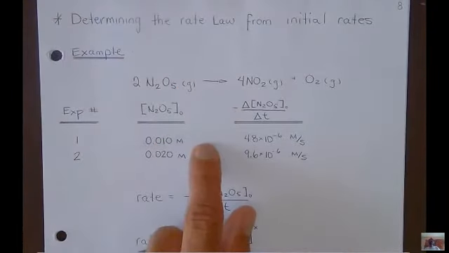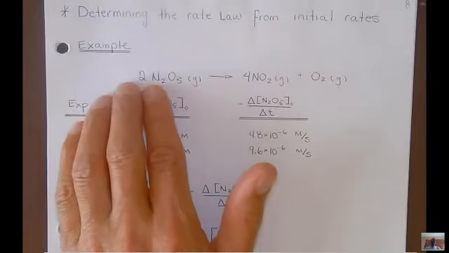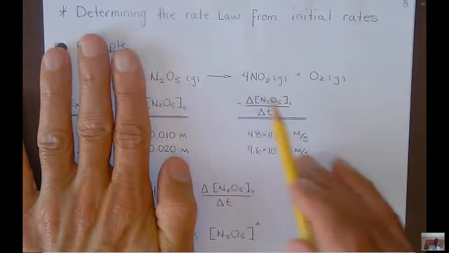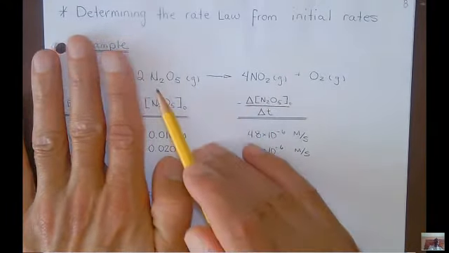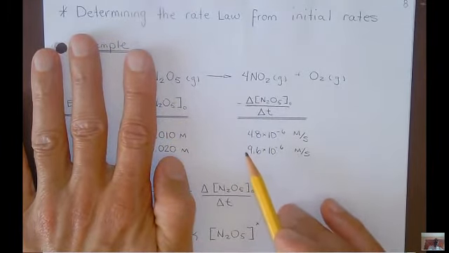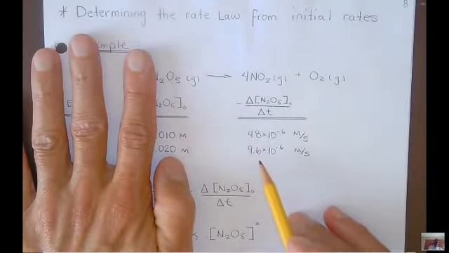Okay, I do the experiment. Now you always get a choice as to what to follow. So I follow the drop in N2O5 with time, right? Got a negative sign in front of it because I know it's going down. So the reason why these numbers here are expressed as positives is because I have my negative sign up here. Okay, so negative this is equal to that.